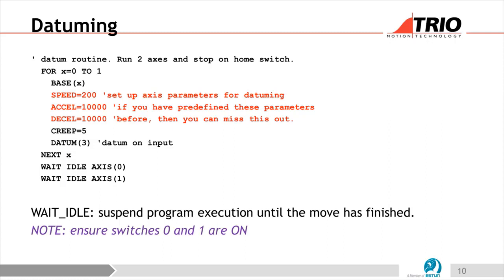This is just an overview of how the program looks. In the datum routine, you are running 2 axes and stopping on the home switch. You can see they are using datum 3. So it's moving forward and it's on the switch, right? And then they put await idle, so they suspend the program execution until the move has finished.